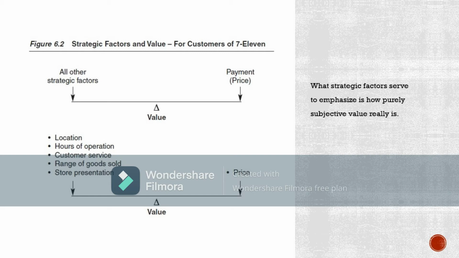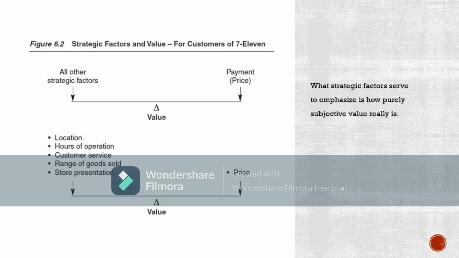Value from a customer perspective is the balance between price as an indicator of dollars spent and the 5 other strategic factors. The charge for a bundle of items is weighed up against performance on the other 5 factors.